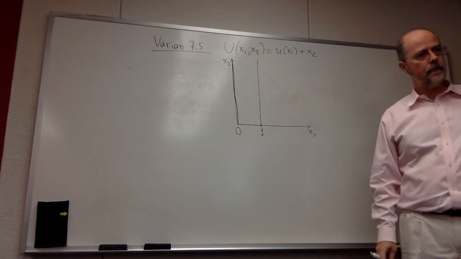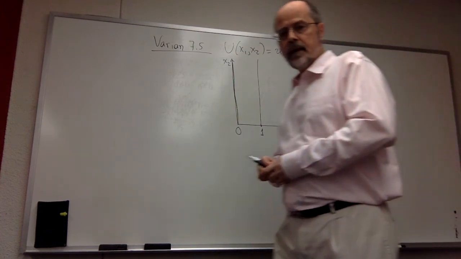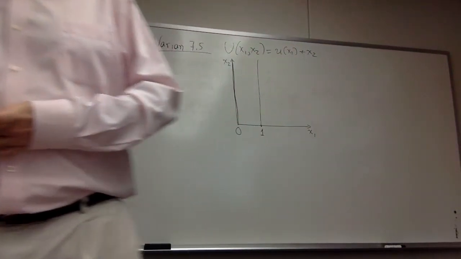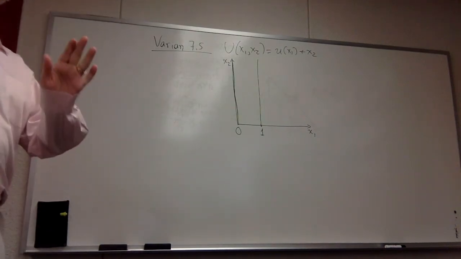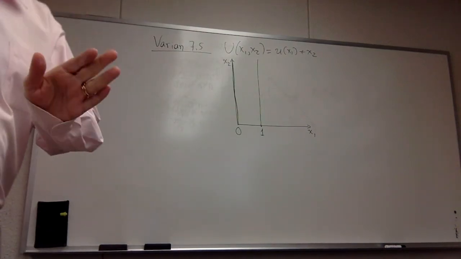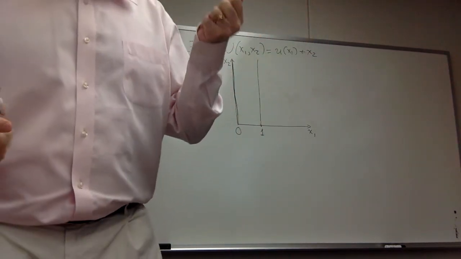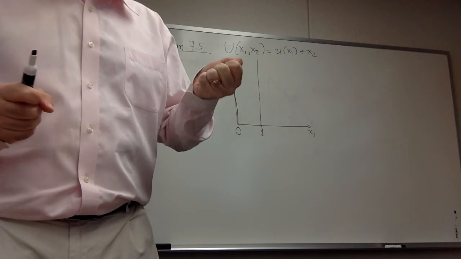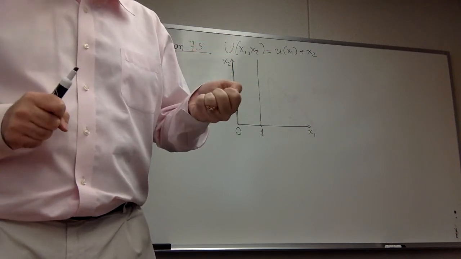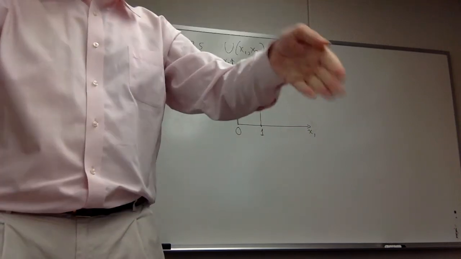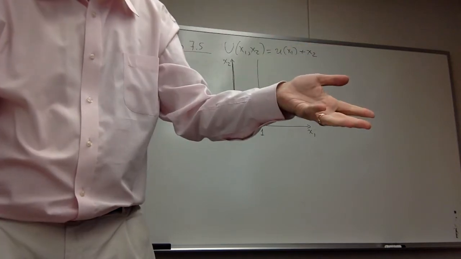Okay? So, here we have a case where, for very good economic reasons, you either build the bridge or you don't, and the consumption space is not a convex set. Right? Because it's 2 lines, everything in between is missing.